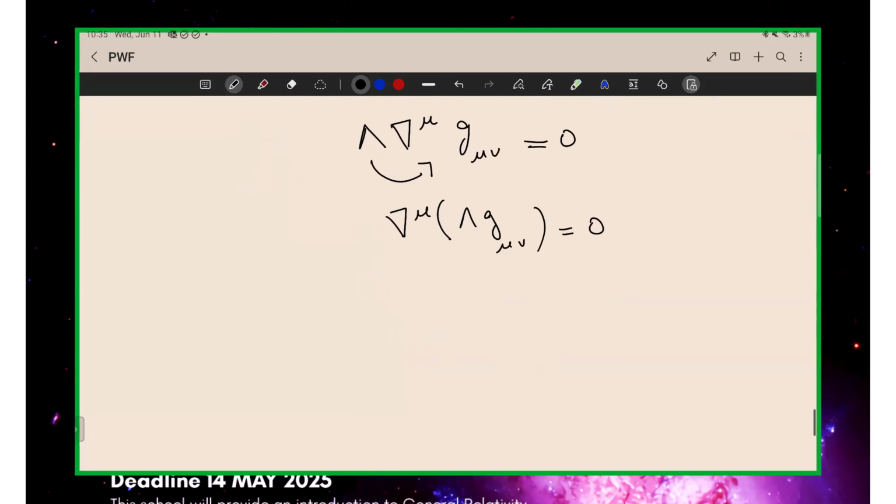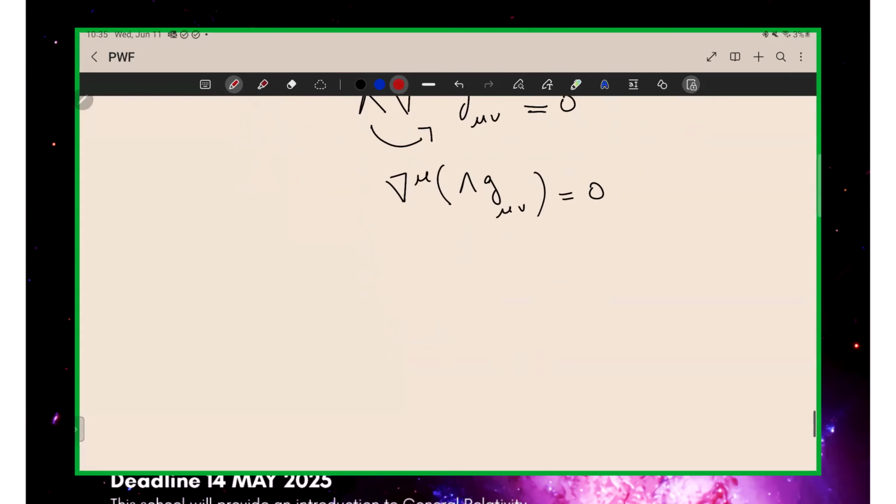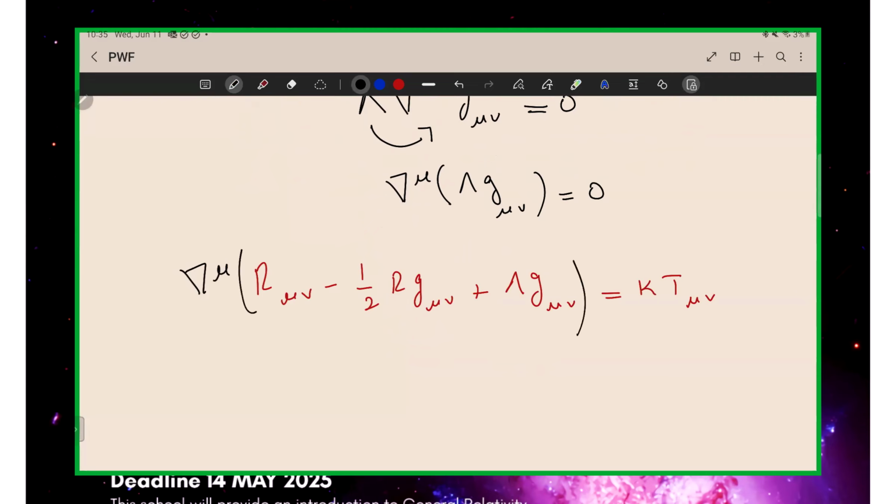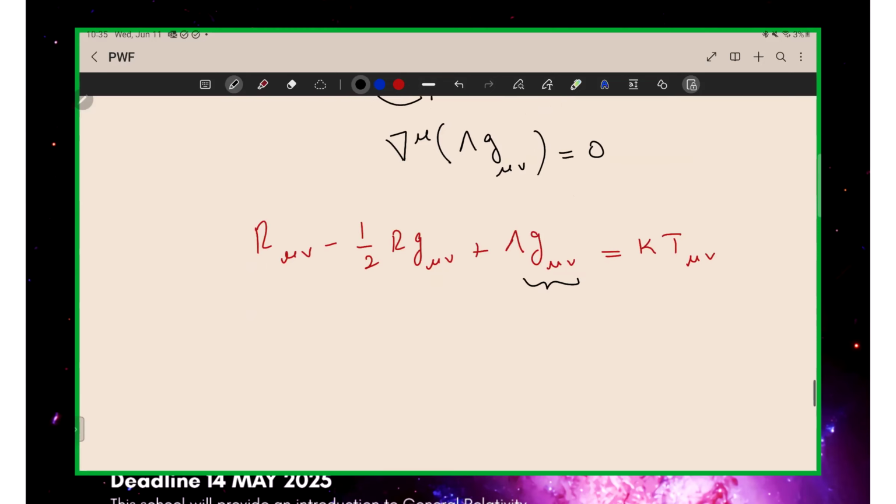And therefore, if you write that particular term on the left-hand side, that still doesn't change the fact that if you hit the left-hand side with nabla, you will still get 0, right? It means that this term is allowed. And this term is called the cosmological constant term.